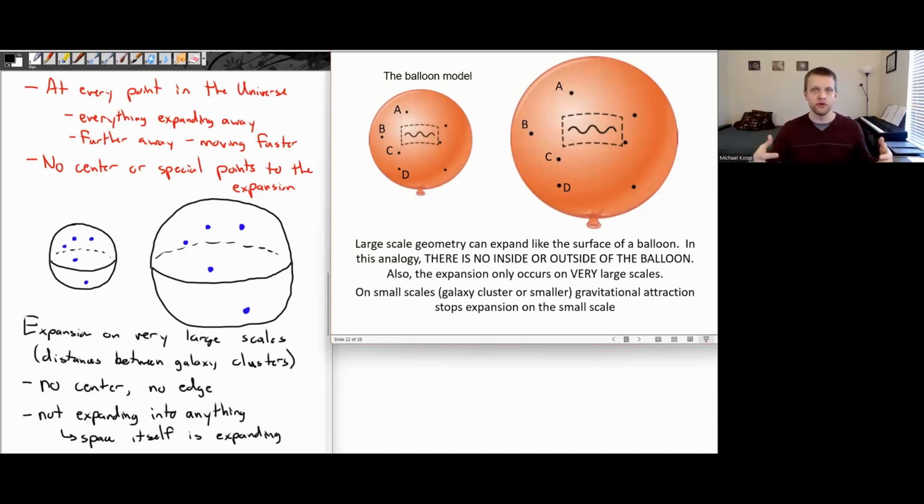Our own Milky Way galaxy is still considered small scale. The gravitational attraction of all those stars and gas clouds is strong enough to hold our galaxy together. Same with our local group. It's only when we're looking on very, very large scales, like the distances between galaxy clusters, that we see this large scale expansion of space.